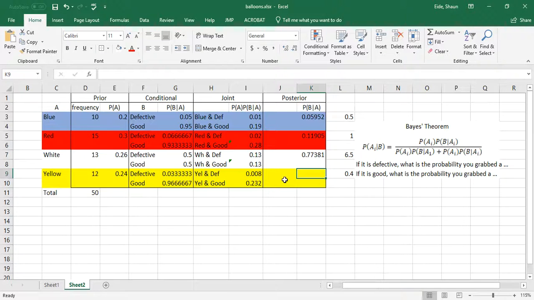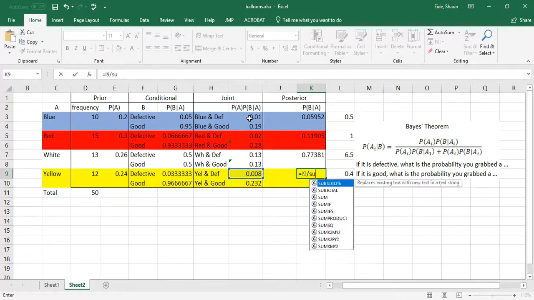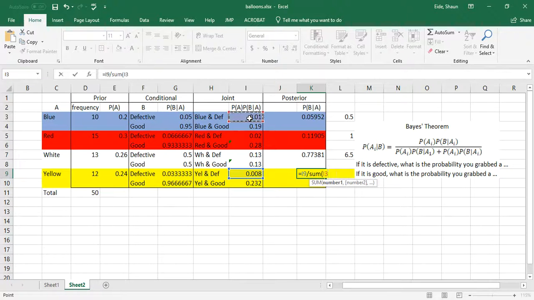So the probability of grabbing a white balloon that's defective is pretty high. And then lastly, let's calculate the probability, if I grab a defective balloon, that it's yellow. It equals the probability of grabbing a yellow defective balloon divided by the sum of all of the probabilities of defective balloons.